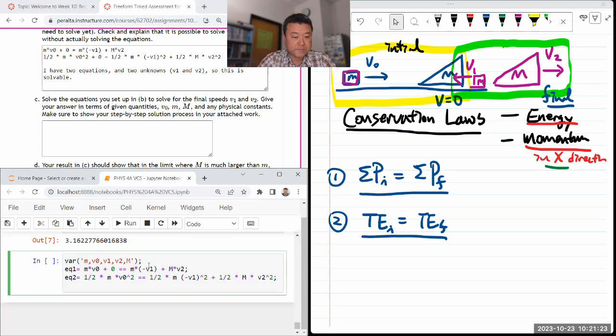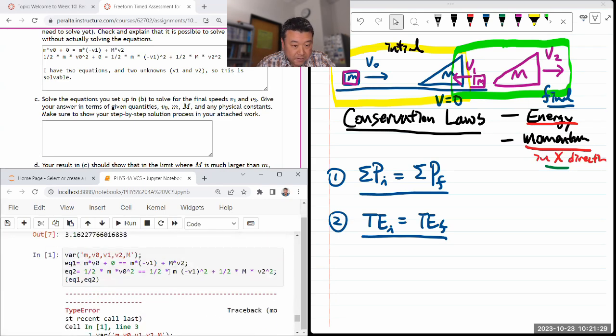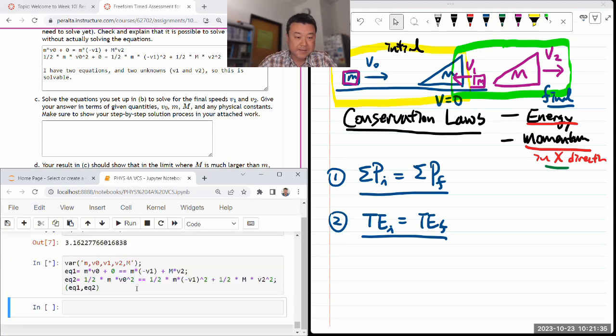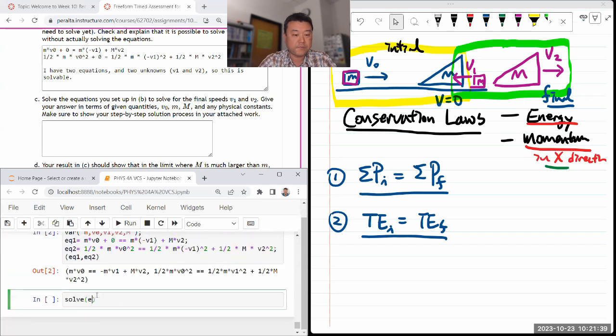Let me just print my equations to make sure they are entered correctly. Ooh, what's going on? Yeah, they were not entered correctly. Okay, let's just try that again. Okay, good equations.